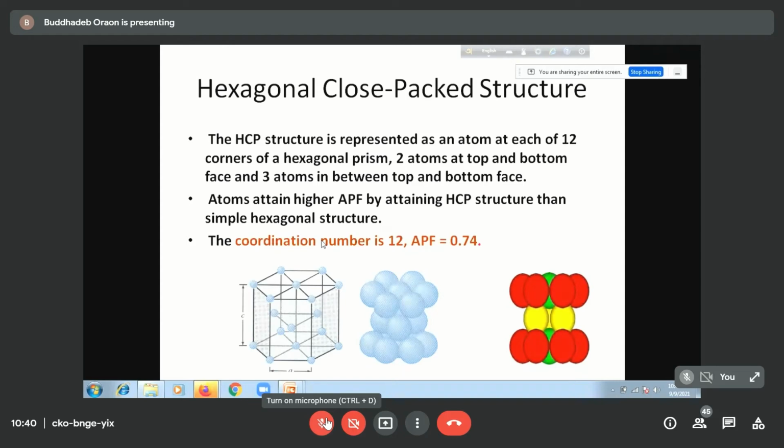Now try to find the relationship between C and A, and then calculate and see whether the atomic packing factor is coming out to be 74% or not. You check it. And then calculate the density of zinc and see whether it matches the actual density of zinc. That is your home task I am giving. Okay.